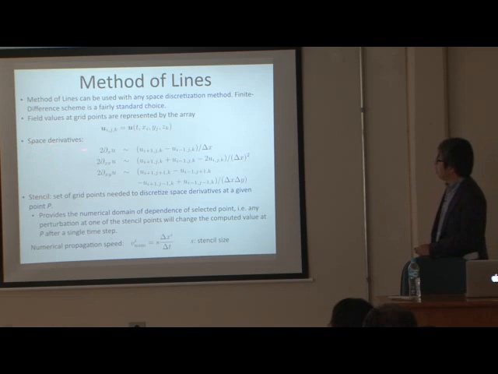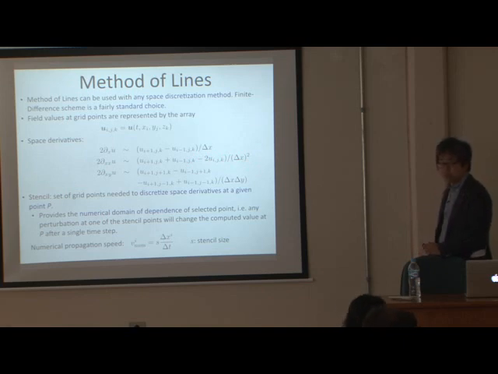So the spatial derivative is made like this: the spatial derivative in x of u is (u_i plus 1 minus u_i minus 1) divided by delta x. For the second derivative of u, we get u_i plus 1 plus u_i minus 1 minus 2 u_ij, divided by delta x squared.